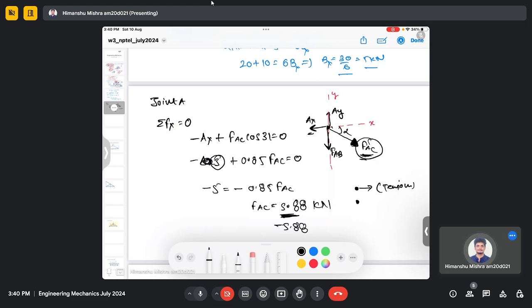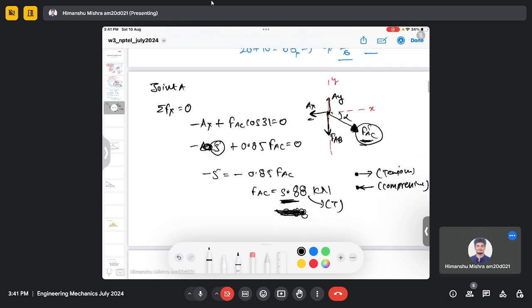And if the force is towards the joint, then it will be a compressive force. So here you can see that the direction of force is away from the joint, which means this is a tension force in the member.